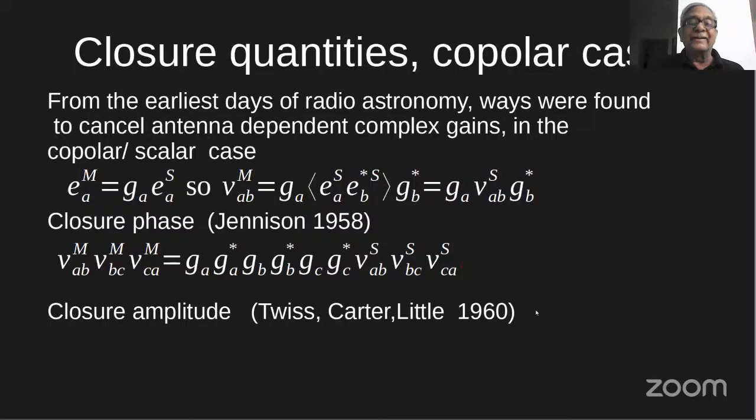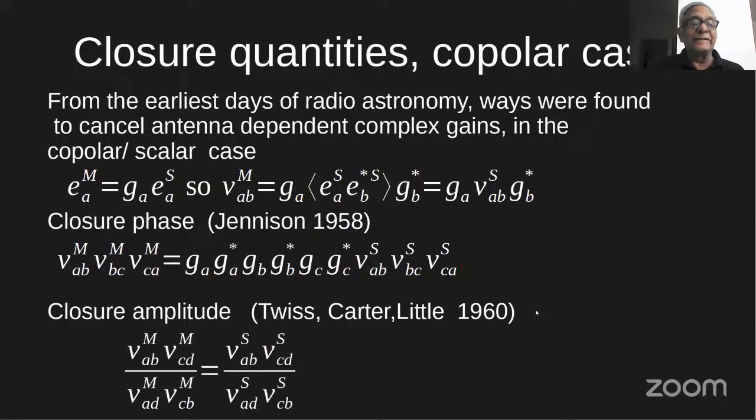And soon after, in Australia this time, these three authors came up with closure amplitude. So this is a combination of 4 visibilities. Look on the left: measured visibility on AB, CD, divided by measured visibility on AD and CB. And the cleverness here is that A occurs in the same slot, the first slot, in the numerator and denominator.